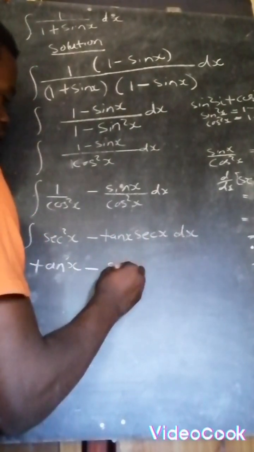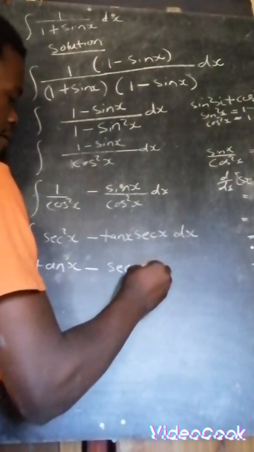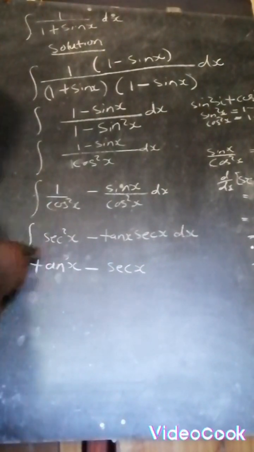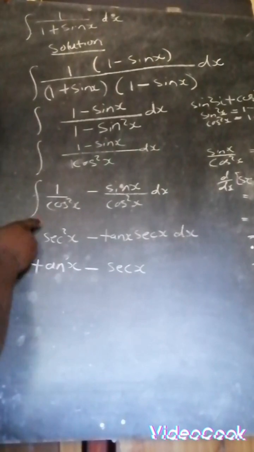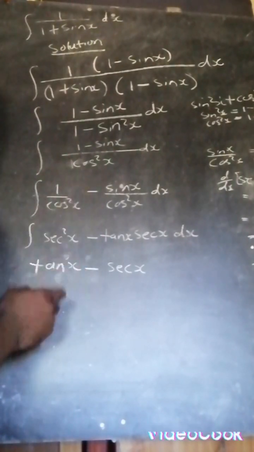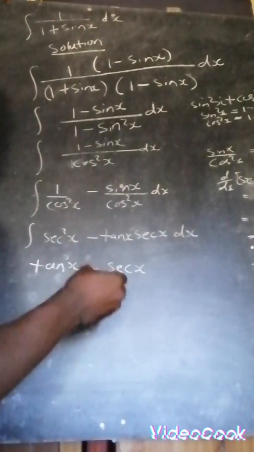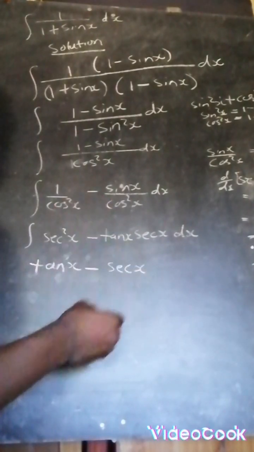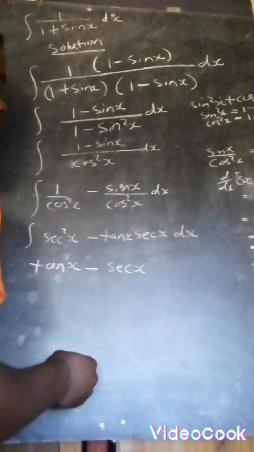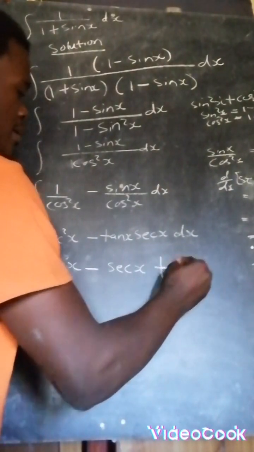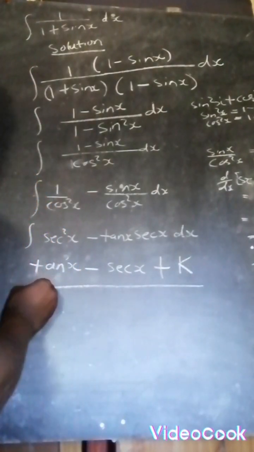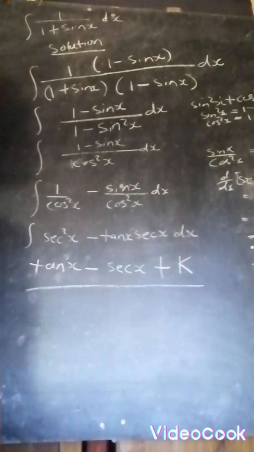I said it's sec x. Then whenever you don't have limits on the integration side, it is called indefinite integration. So you always have to add a constant of integration. You can put a c or a k, but in my case I prefer to put a k plus constant of integration.